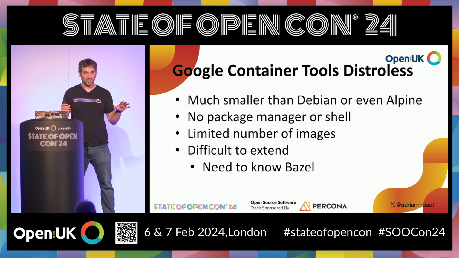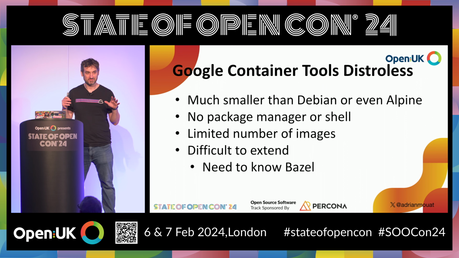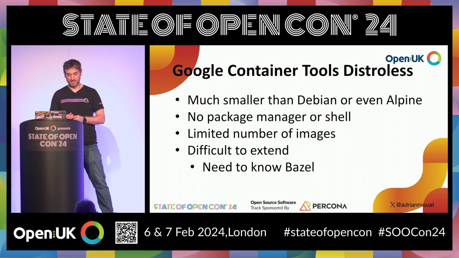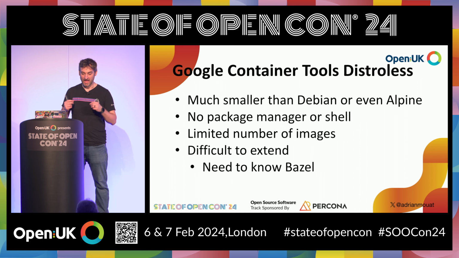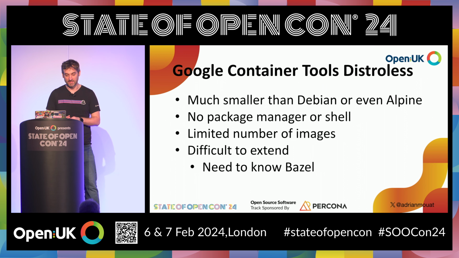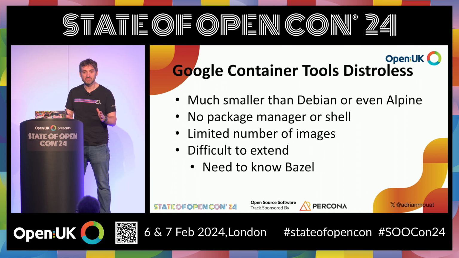So have some of you heard of Google Container Tools distroless? Yeah, a few of you, that's good. So distroless is basically a really stripped down form of the Debian base image. It's smaller than Alpine or anything else. It's only a few megabytes in size. It doesn't contain a package manager, and it doesn't contain a shell.